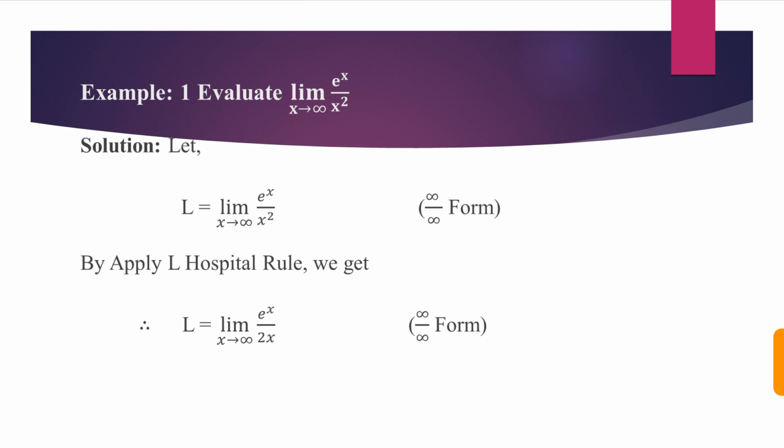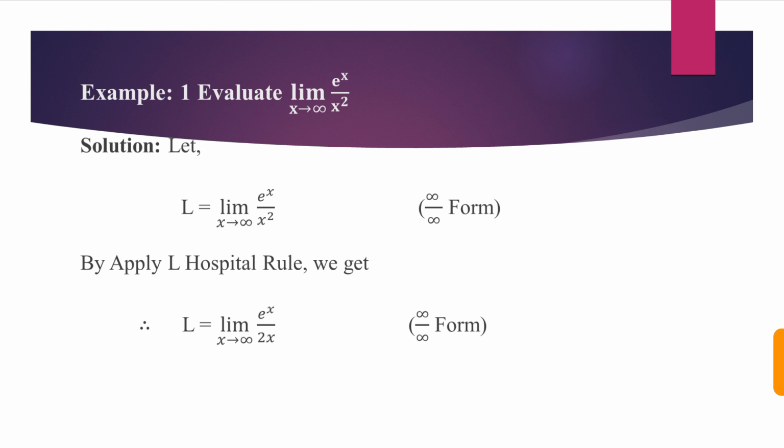In this case we also have infinity by infinity indeterminate form. So let's apply L'Hospital rule, and therefore L is equal to limit x tends to infinity e raised to x upon 2x. Because in L'Hospital rule here we have to take the derivative of numerator, same thing derivative of denominator.